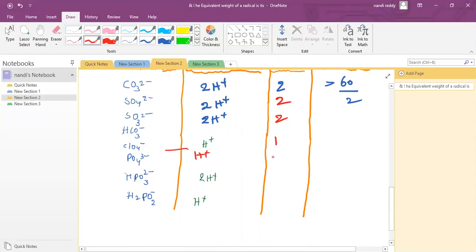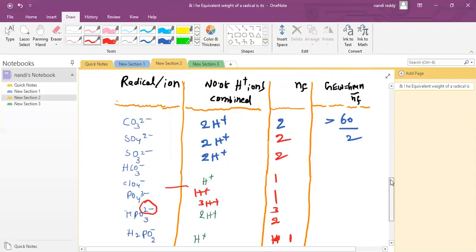Phosphate ion can combine with 3 H plus ions, so its n factor is 3. HPO3 2 minus can combine with 2 H plus ions, so the n factor becomes 2. So we can get the n factor from our basic definition.